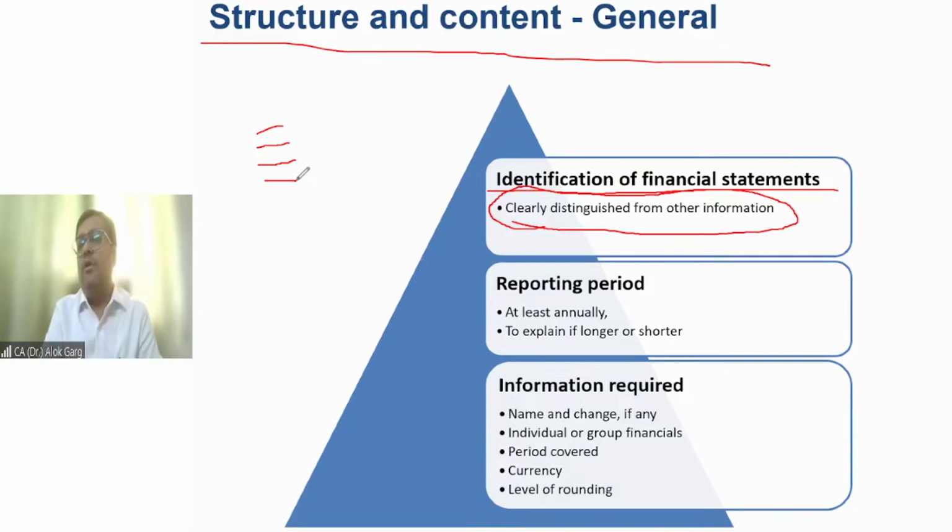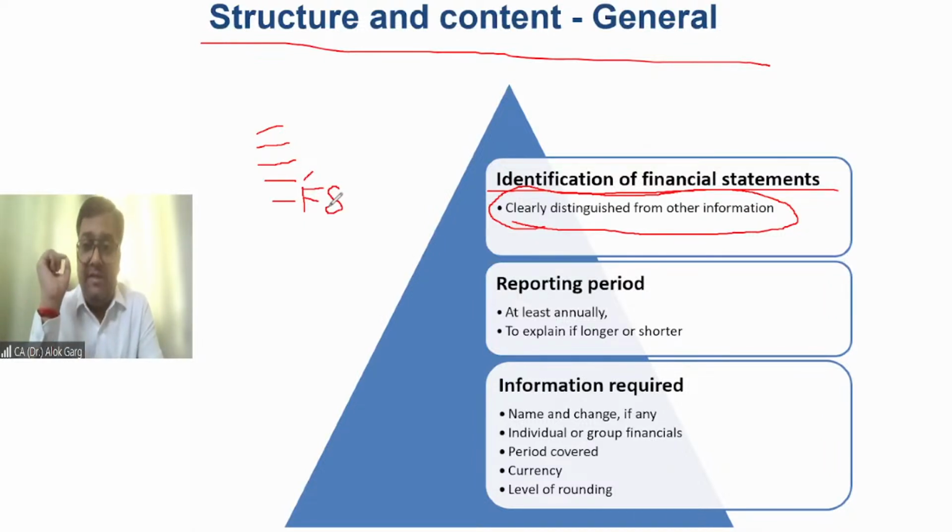You will also find MD&A, management discussion and analysis report. These reports are required to be given as per the Companies Act and as per SEBI regulations. And after that, in the annual report, there are financial statements, standalone financial statements as well as consolidated financial statements, right?